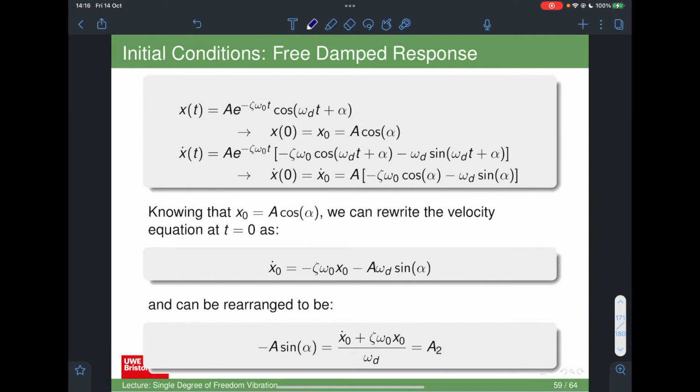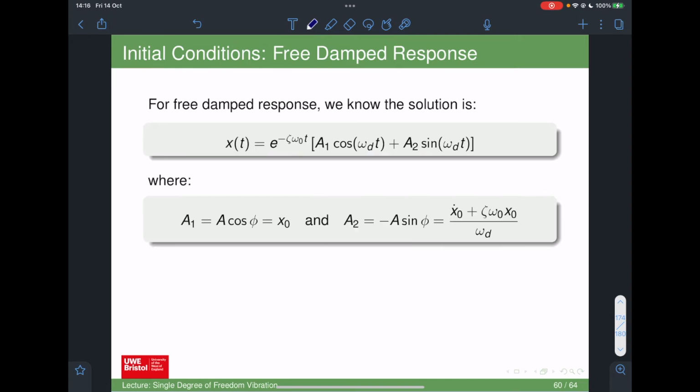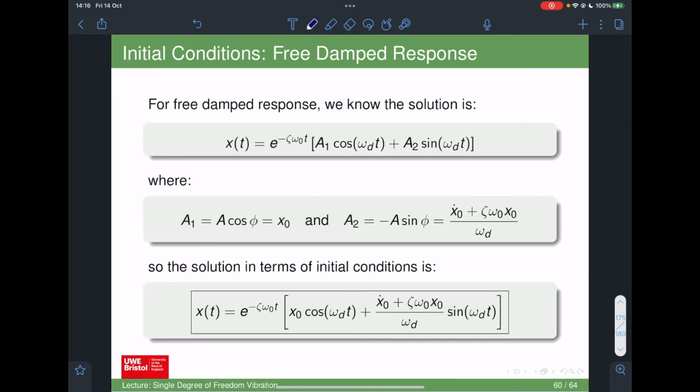There's a1. With a free damped system, which is what we were doing in the tutorial, if you know the initial conditions, you can go straight to this solution without having to do all that differentiation.